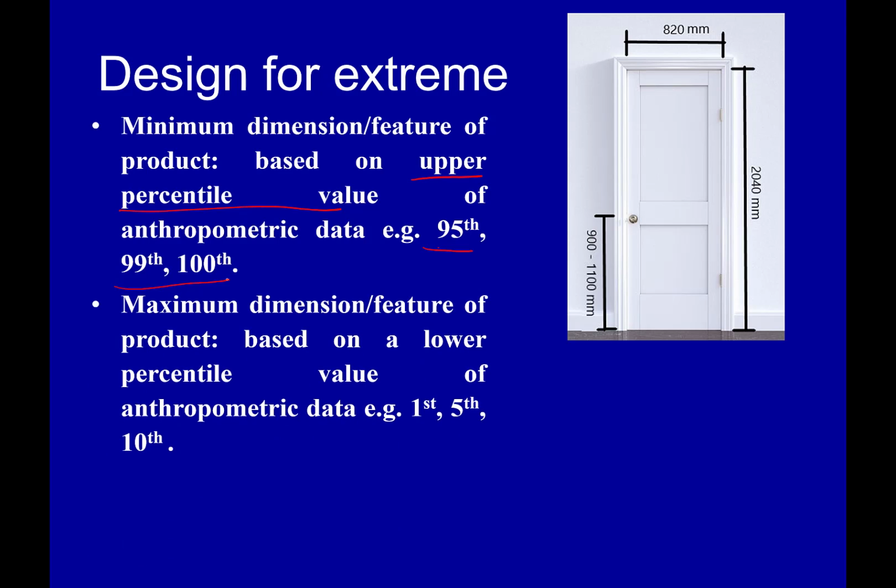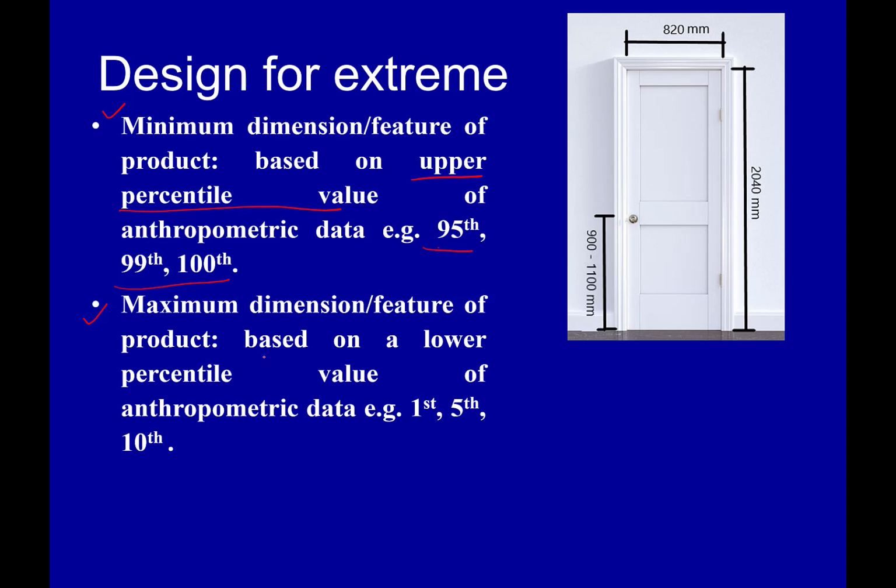Similarly, the maximum dimension or feature of a product, on the maximum side, is like at what maximum distance the gear lever can be located. So how far at maximum it can be located?